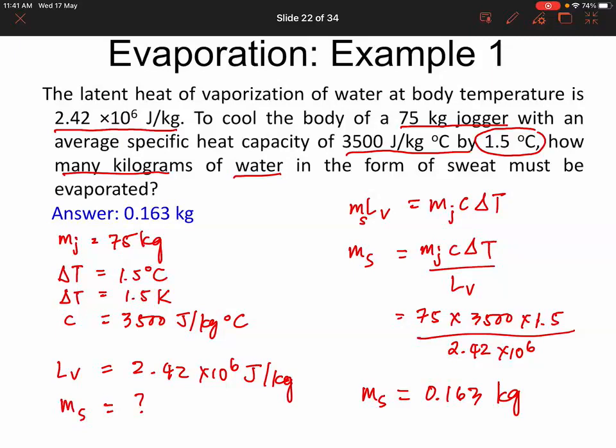Any questions about this question, or how we solve evaporation? So in a way, evaporation can be thought of as a special kind of heat transfer mechanism, because heat is transferred from the body to make the sweat evaporate.